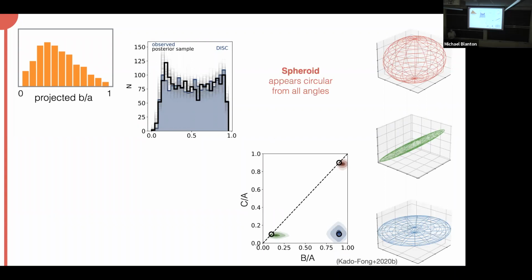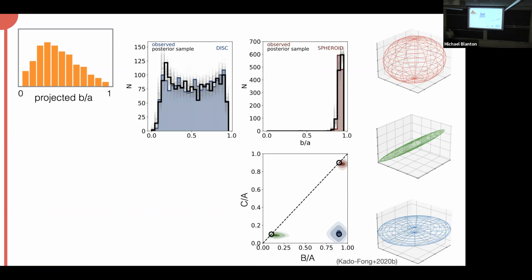If we think about a spheroid, we can say, okay, it should appear largely circular from all angles. So the projected axis ratio should be close to unity for almost all instances. We see that's true. The projected axis ratio b over a is almost 1 with a sharp peak. And then finally, if we think about this prolate, cigar-shaped galaxy, there should be a few views where you're really looking down the barrel, but overall you're going to see a mostly elongated projected shape.